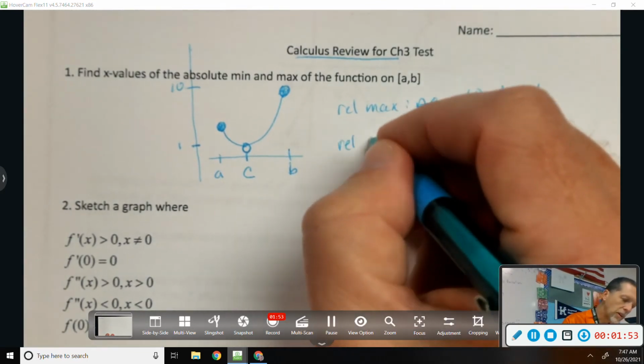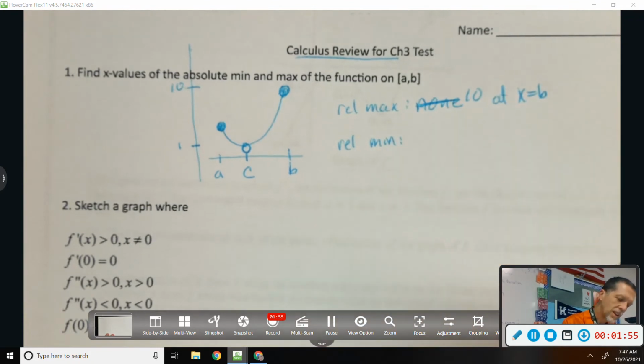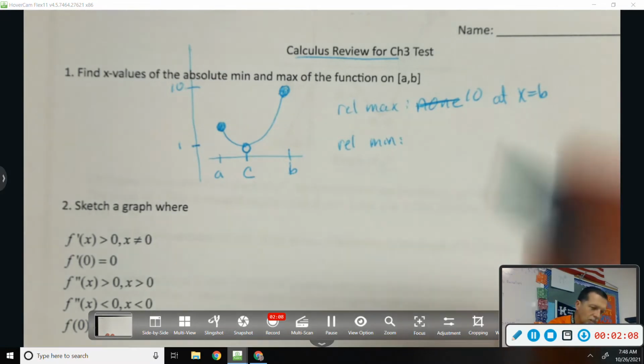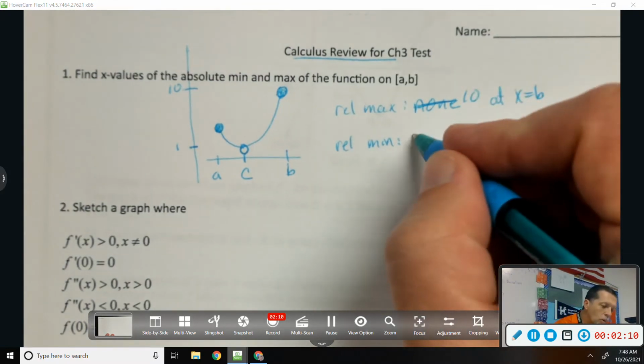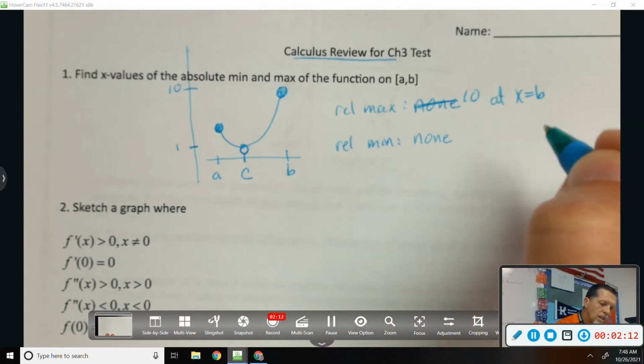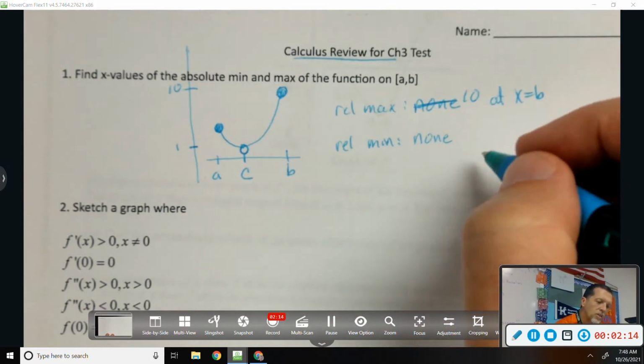How about the relative min? That doesn't exist because it never gets to 1. Right? One is beneath all of those values. Like, well, it gets to 1.000001, but you can't ever specify its lowest value.